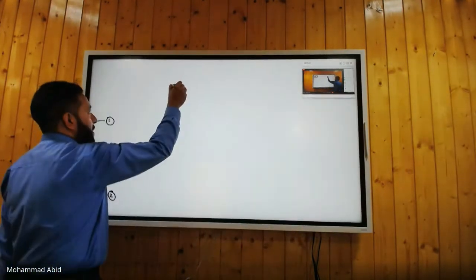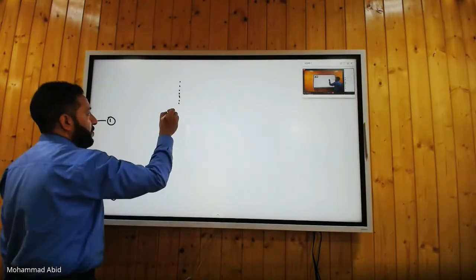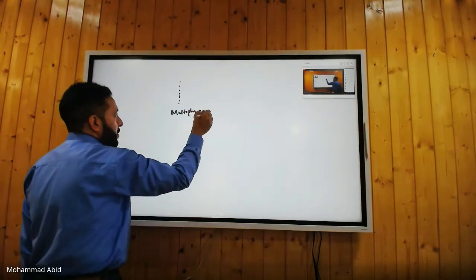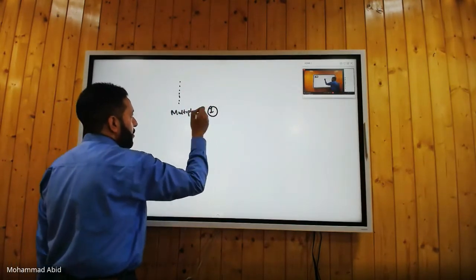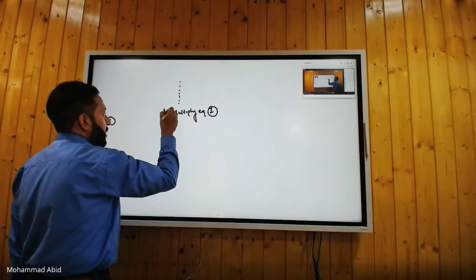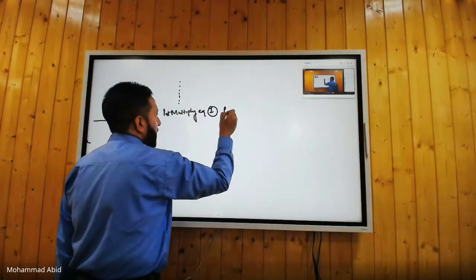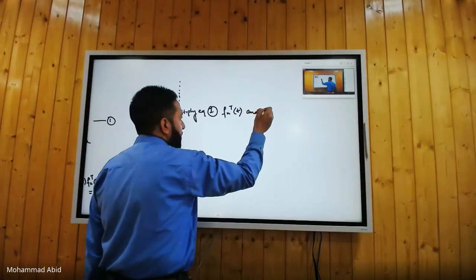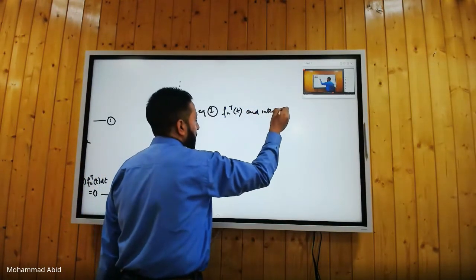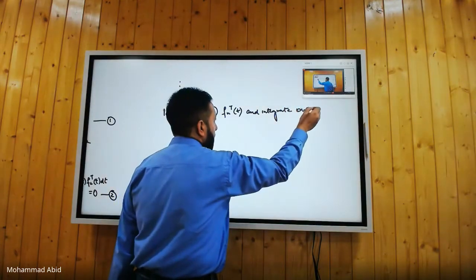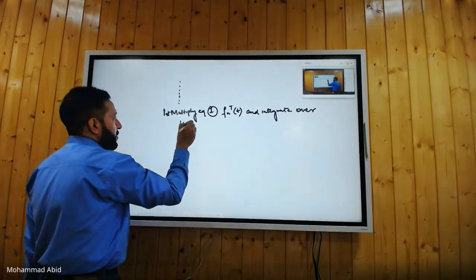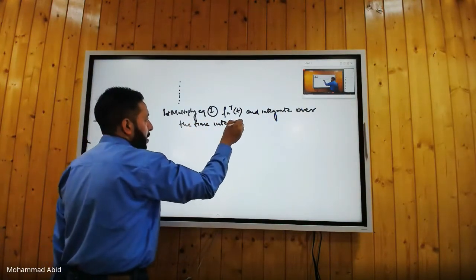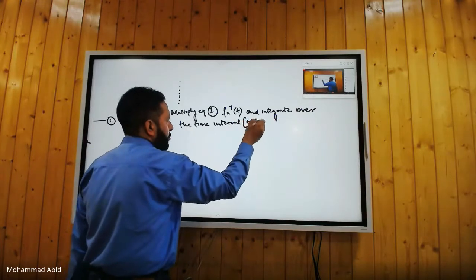So you post multiply equation 1 by Fn transpose(t) and integrate over the time interval t0 to t1.